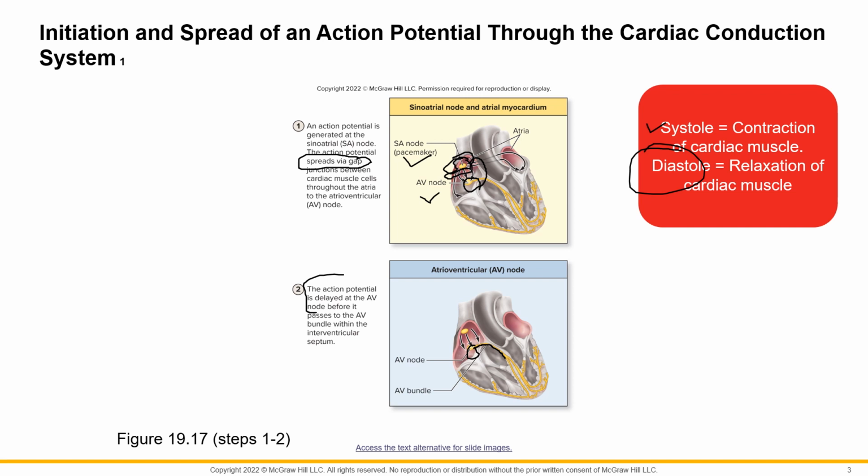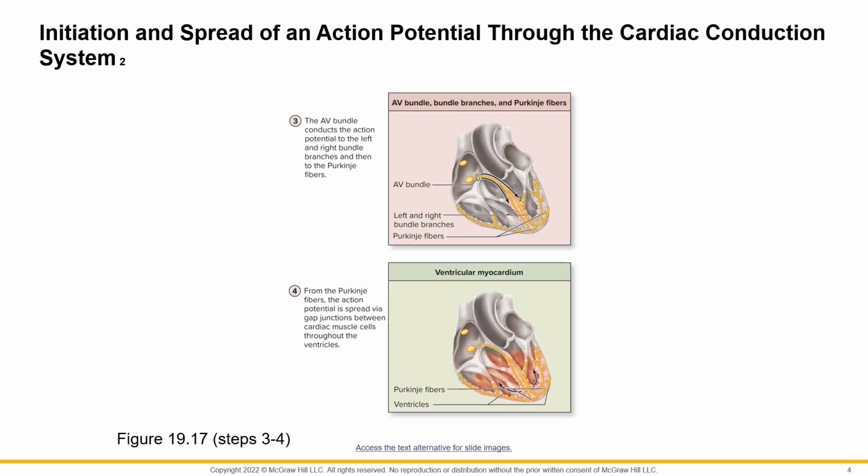From the AV node, it is going to go through this AV bundle, also known as the bundle of His, which is located in that interventricular septum. From here, it is going to spread through the right and left bundle branch before it wraps around the apex and goes through the branches, which are your Purkinje fibers.